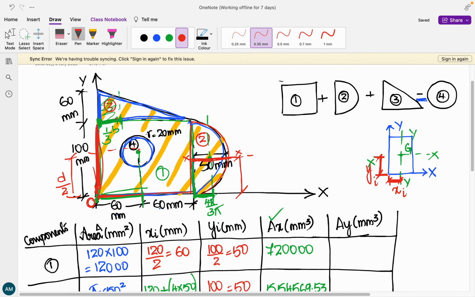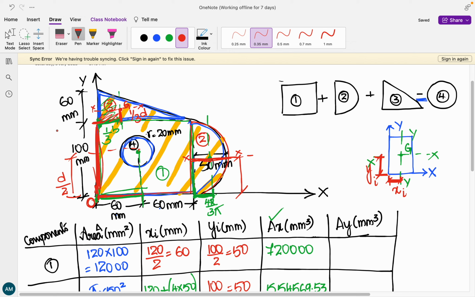Now coming to the third one, that is the triangle. The centroid lies somewhere over here. So this becomes the x-x axis. We know about this distance first. So this distance is nothing but again 1 by 3 of d, because the area is going to be more over here. d is nothing but the height of this given triangle. Height is 60. But we are trying to calculate the value from origin. So from origin to reach the base of your triangle, we need to travel a distance of 100 mm.